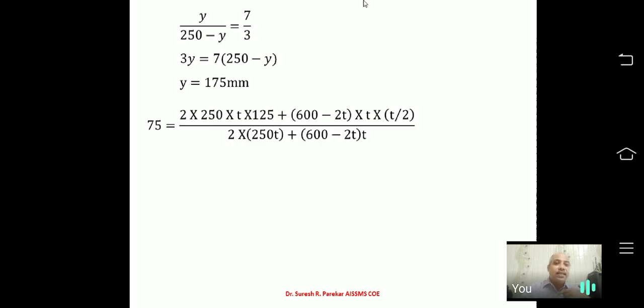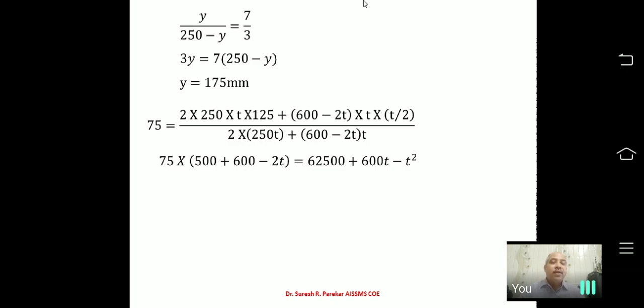And now we have equated this 75 with your summation a y bar upon summation a. Now here you have to take 75, because we have to take the value of the neutral axis from the bottom, because from the top it becomes difficult, and therefore we have taken it from the bottom. Now if you solve this, after solving we are going to get, by cross multiplication, 750 into 500 plus 600 minus 2t equal to 62500 plus 600t minus t square.